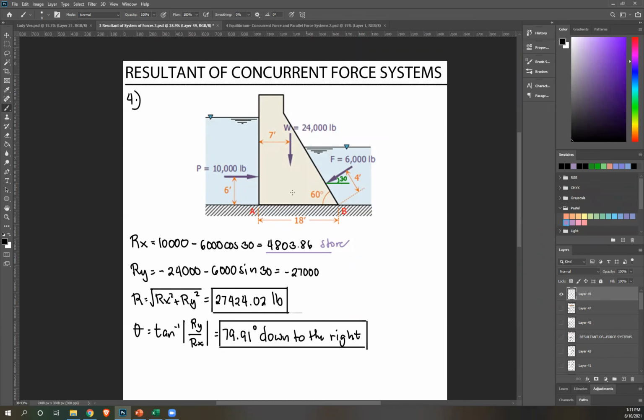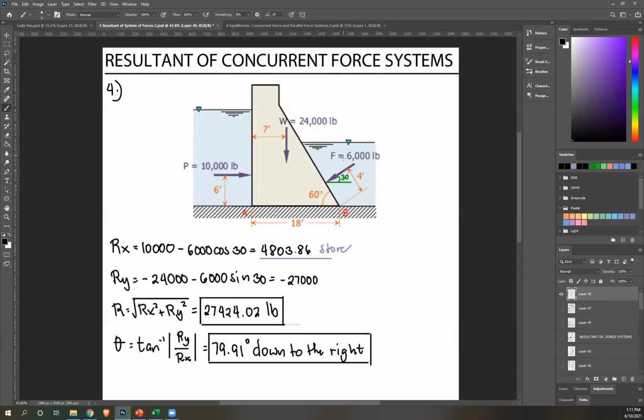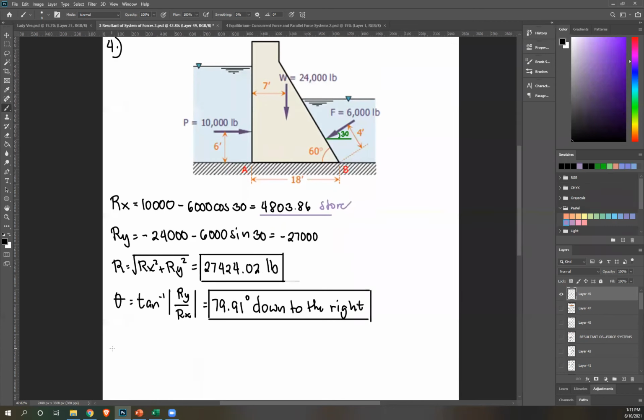If I take moment about A, I don't know the perpendicular distance of 6,000 from point A. And I don't want to solve for that. However, if I take it about point B, the distance of force F from B is already given as 4 feet. So therefore, I'm just going to take moment about B. Please analyze what's the more convenient approach. That's moment about B.